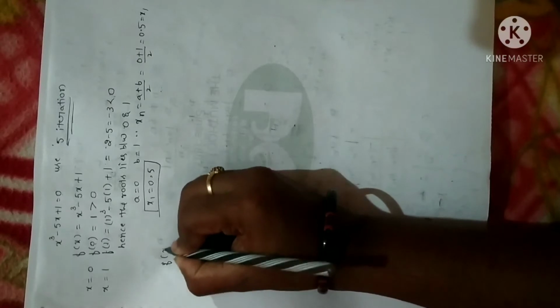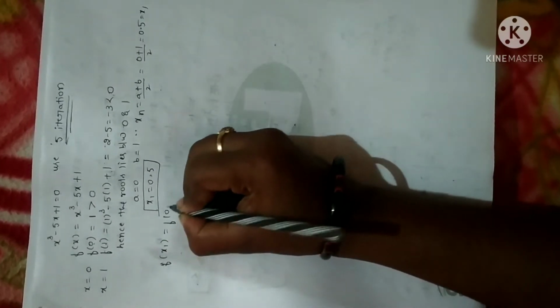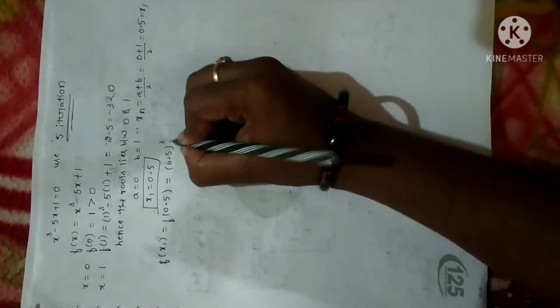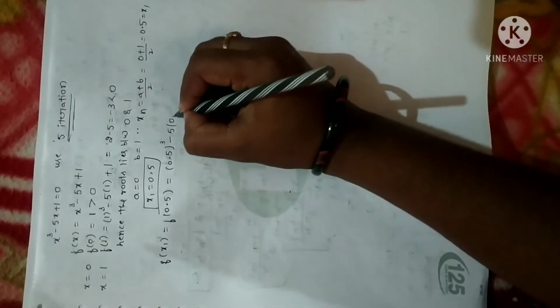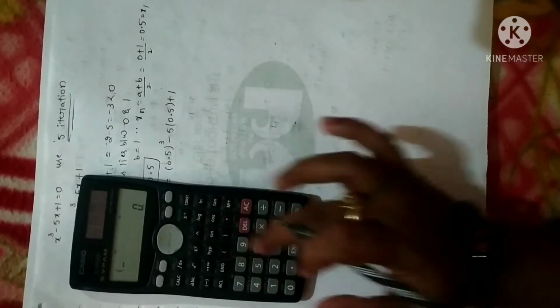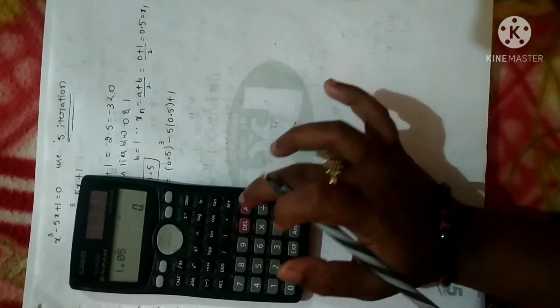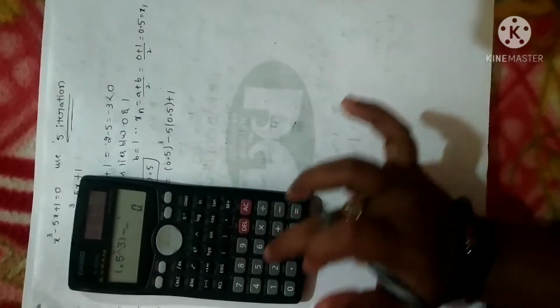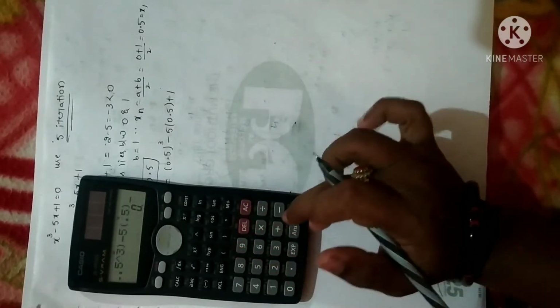Now anyhow we are not interested in x values, we are interested in f of x values. So I'll calculate f of x1, that is f of 0.5. Wherever x is there, replace it with 0.5 in the given polynomial. So I'll use the calculator. 0.5, since you have a cube here, you have to use bracket, whole cube, minus 5 into 0.5 plus 1.